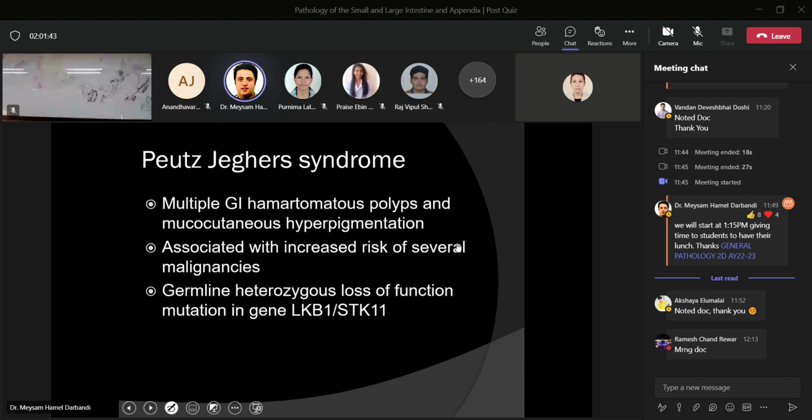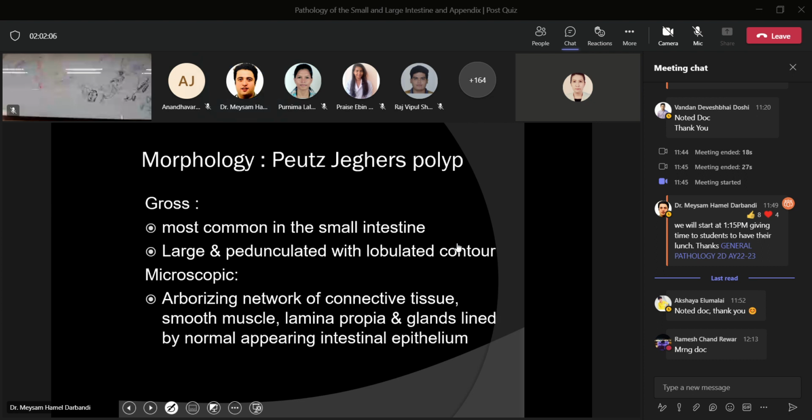Another is Peutz-Jeghers syndrome: multiple GI hamartomatous polyps and mucocutaneous hyperpigmentation, associated with increased risk of several malignancies, with a germline heterozygous loss of function mutation in the gene LKB1 or STK11. Most commonly it happens in the small intestine.